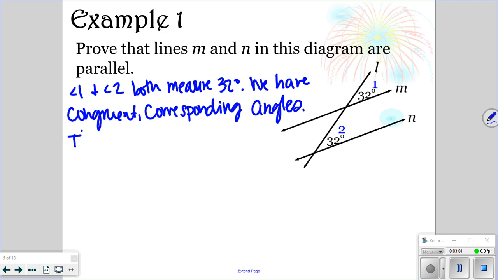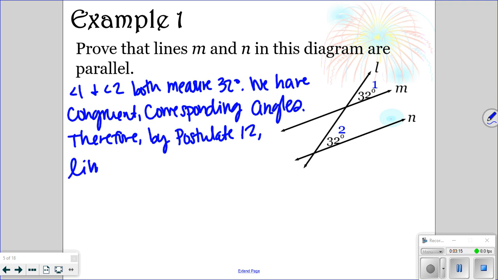Therefore, by postulate 12, lines M and N are parallel. So that's how you could prove that the two lines are parallel.